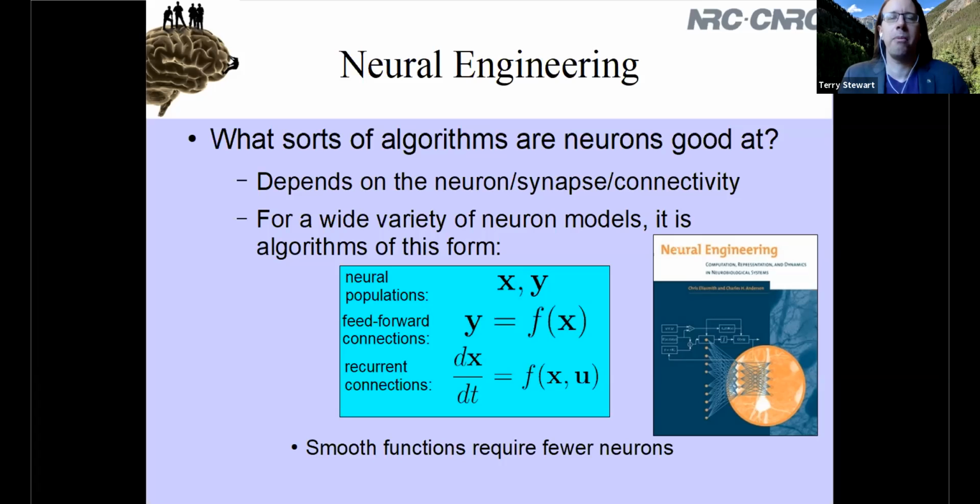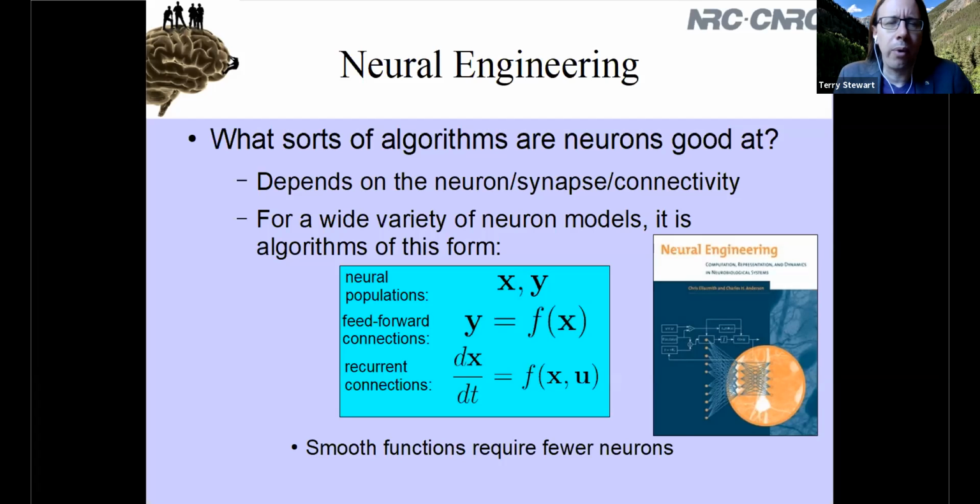It's a pain to try to implement a for loop using neurons. And so there's a bunch of different ideas about what neurons are good at. One that I tend to use a lot is this thing called the neural engineering framework. And certainly what sorts of algorithms a group of neurons is good at is going to depend a lot on the exact neuron model, what synapses you have, what sort of connectivity you have.